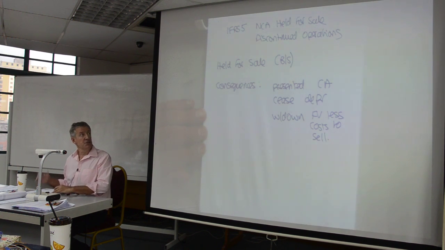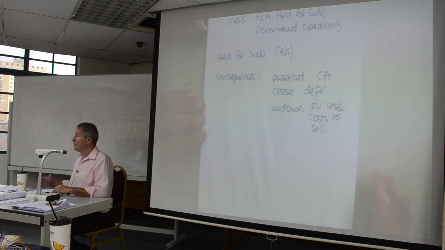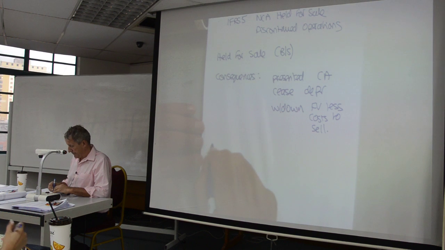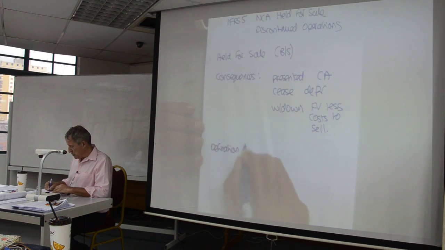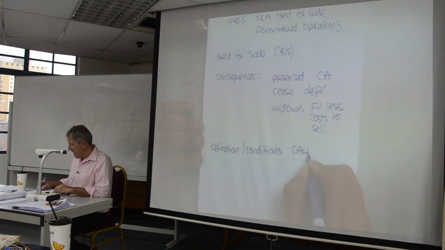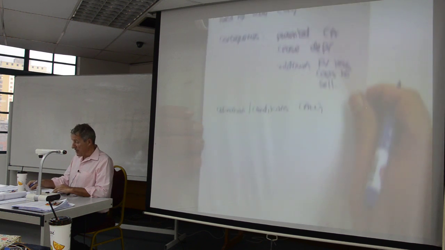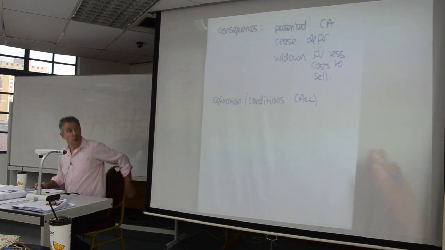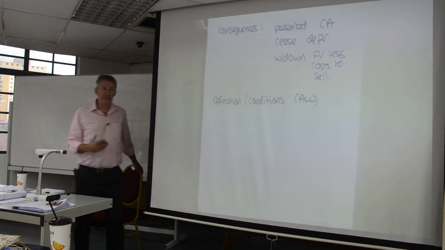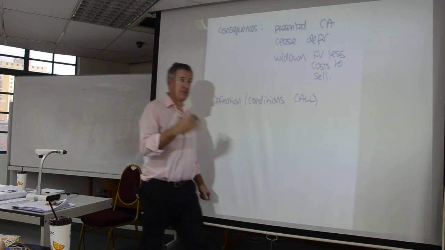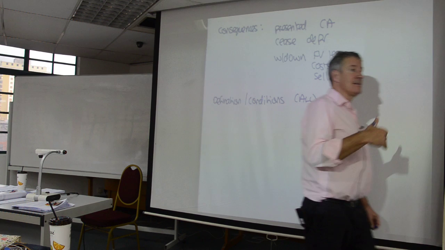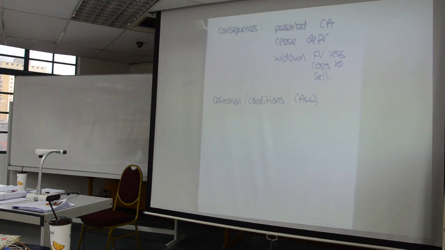So that's the consequences of classification. We need to have a look at the definition and the conditions. If an asset is going to be called held for sale, then all of the conditions must be met at the reporting date.